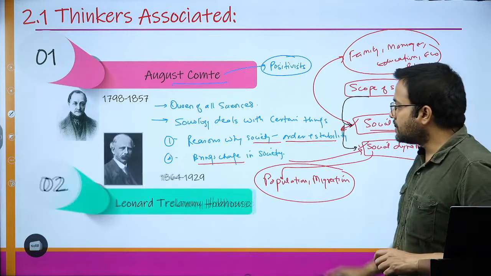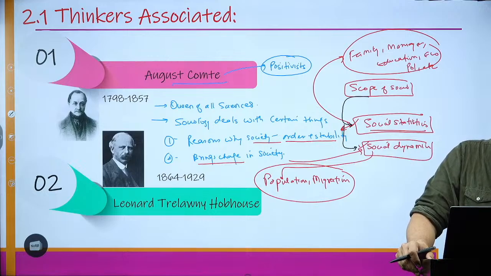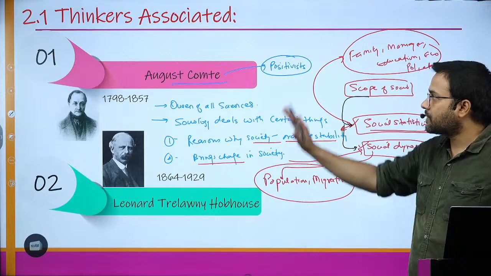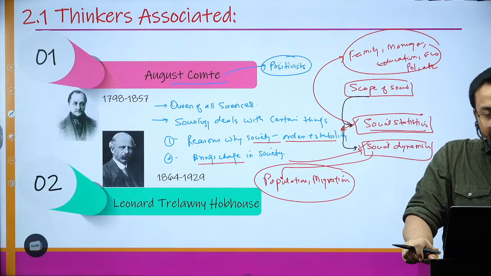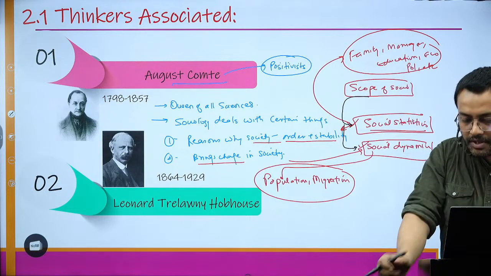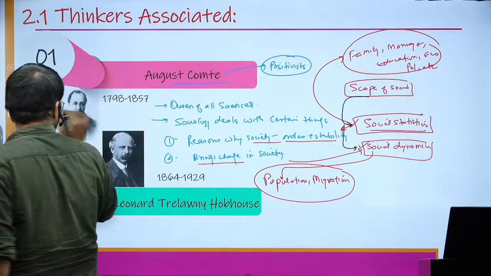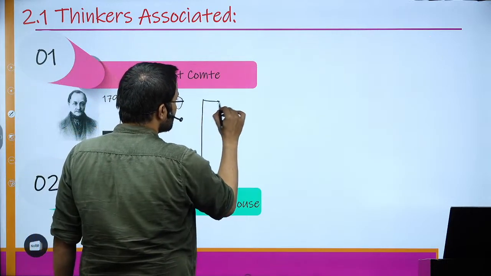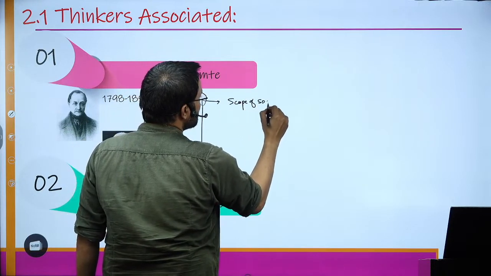Then the next is L.T. Hobhouse. Now, what was the view of L.T. Hobhouse as far as the scope of sociology is concerned?